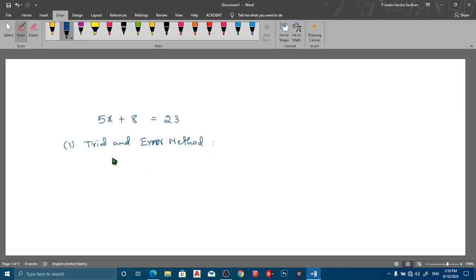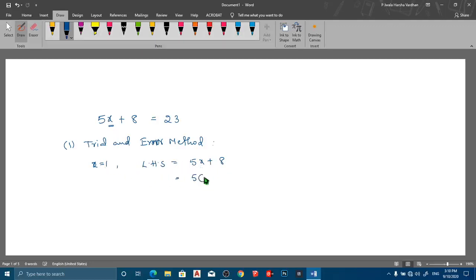What is the variable here? x. So first I am taking trial 1, x is equal to 1. Substitute this in the LHS value. The LHS is 5x plus 8. In this I substitute x is equal to 1 in place of x.